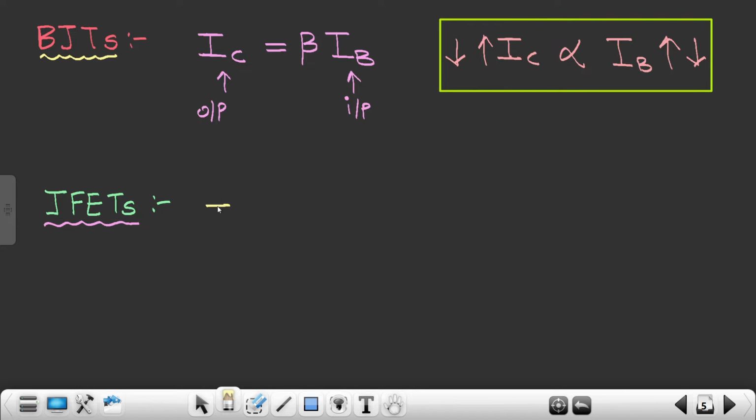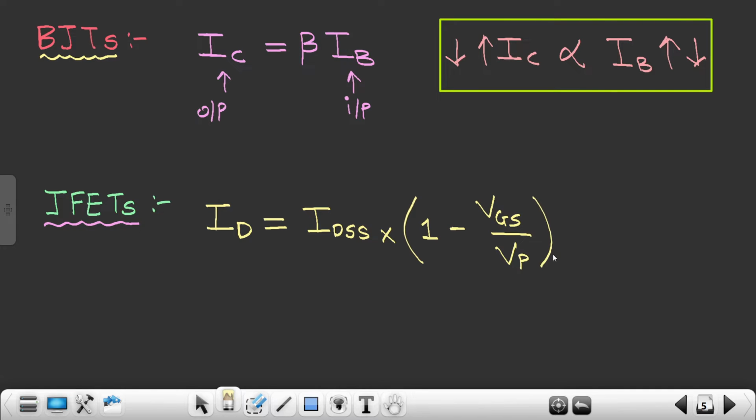ID is equivalent to IDSS, which is also known as drain to source saturation current, times 1 minus VGS by VP, whole square.